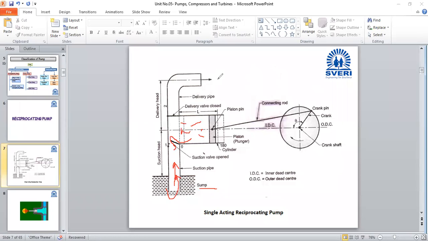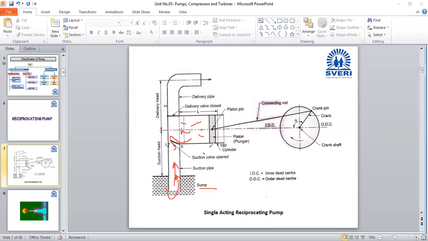Now the second stroke. When the piston starts moving from the outer dead center towards the inner dead center, the suction valve gets closed and the water inside the cylinder is trapped in this chamber.